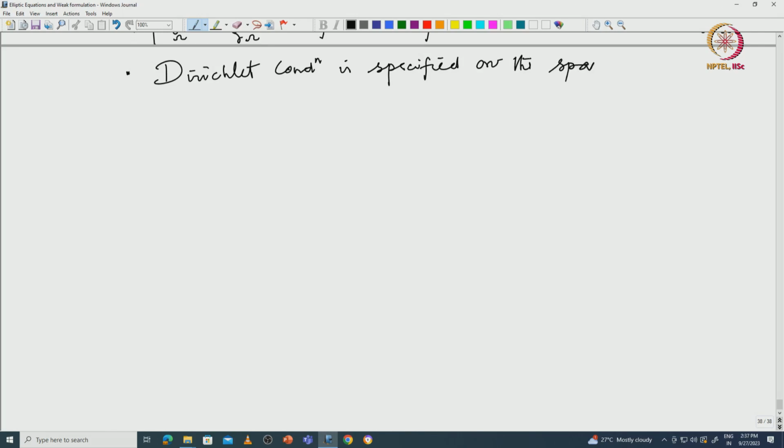This is an imposed boundary space H^1_0. So, your boundary conditions are given in the space, and you need not recover it. So, this is called the essential boundary condition.